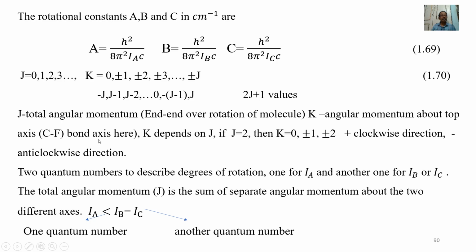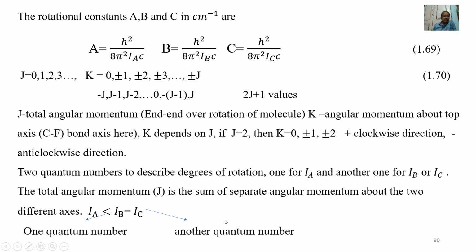Two quantum numbers describe the degrees of rotation, one for IA and another one for IB or IC. The total angular momentum J is the sum of separate angular momentum about the two different axes. IA is less than IB, which is equal to IC, and this is for one quantum number, and IB equals IC, this is for another quantum number.